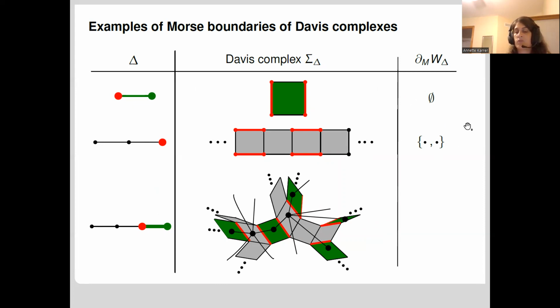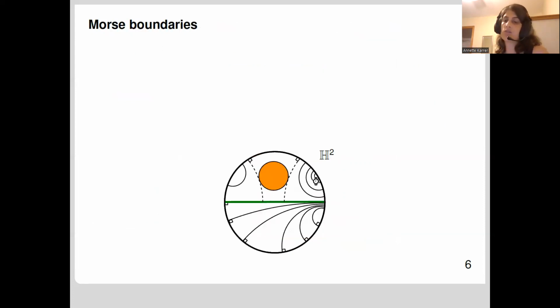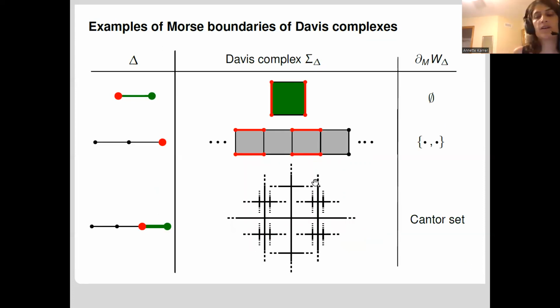And again, we started with two totally disconnected Morse boundaries, and we end up with a totally disconnected Morse boundary, namely a Cantor set. And that's again because walls do not contain Morse geodesic rays. So we see that this condition on the edge group is very important, which leads to the fact that walls do not contain Morse geodesic rays.